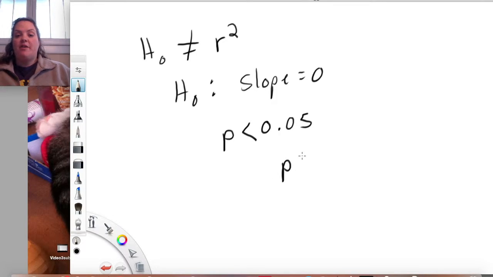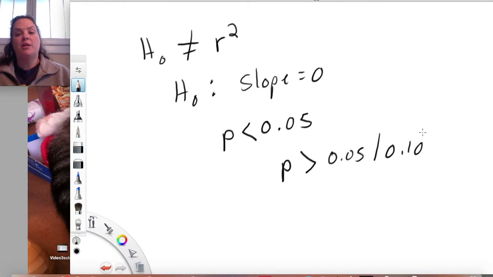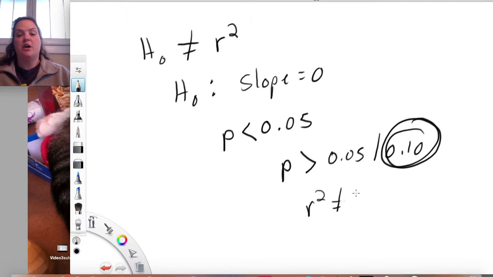If we have a p-value greater than 0.05, or maybe more appropriately 0.1, because we consider anything below 0.1 a trend, then even if we have an r-squared value greater than 0, we still do not say that the variation in y is explained by x, because we don't have a truly significant difference, so the slope is not actually different than 0.